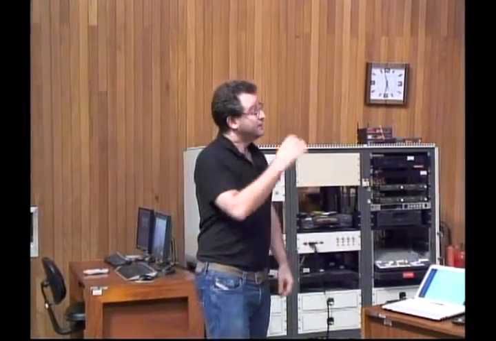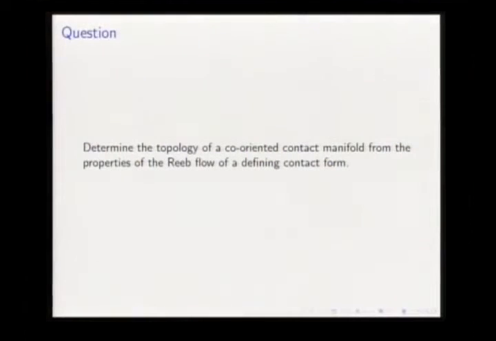And the question will be exactly on lens spaces. We're going to look at some Reeb flow and see some information about the periodic orbits, and with some hypotheses, we will deduce that the contact manifold is the lens space with the standard contact structure.